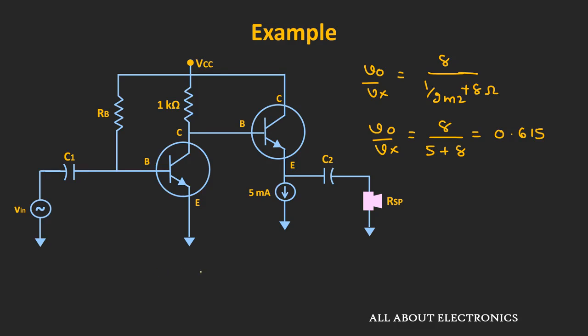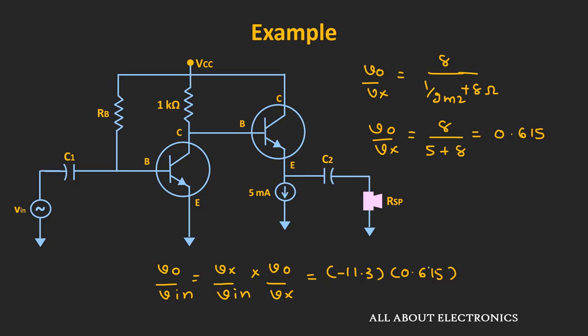So the overall voltage gain Vout divided by Vin is equal to Vx divided by Vin times Vout divided by Vx. That is equal to minus 11.3 times 0.615. That is roughly equal to minus 7.